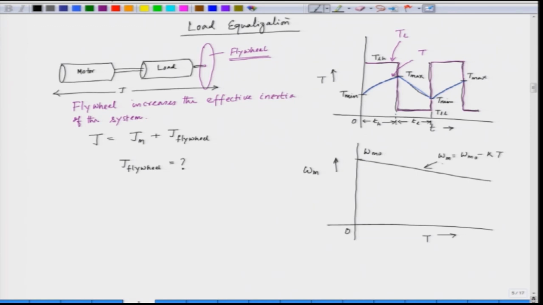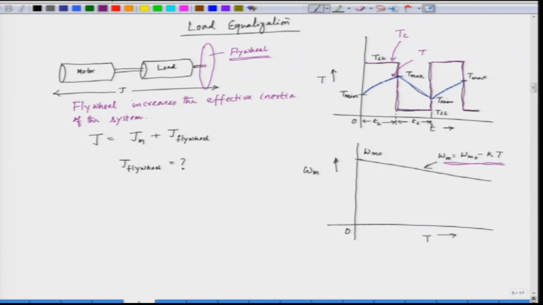This is the characteristic of the motor, and the load is pulsating in nature. So, we have to use this motor characteristic to decide the inertia of the flywheel.